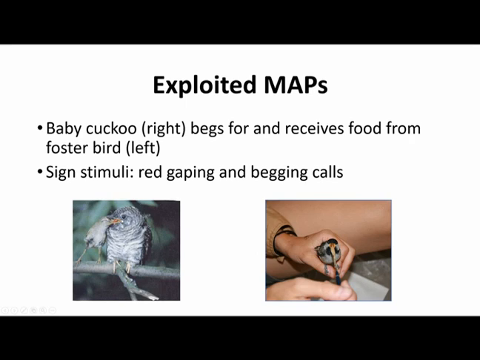So it's a bigger stimulus, it's more red, and maybe because they're bigger, they're even louder. So this would even lead these parents to feed the cuckoo more than their own offspring just because that stimulus is more intense and would trigger that modal action pattern more often. So a really interesting way of exploiting that existing behavior.